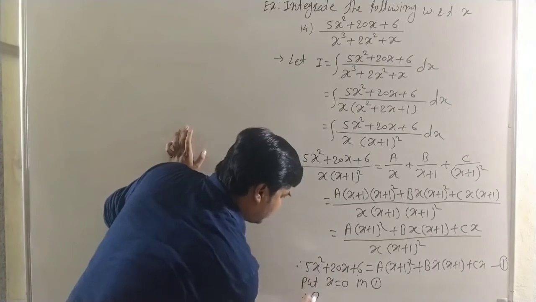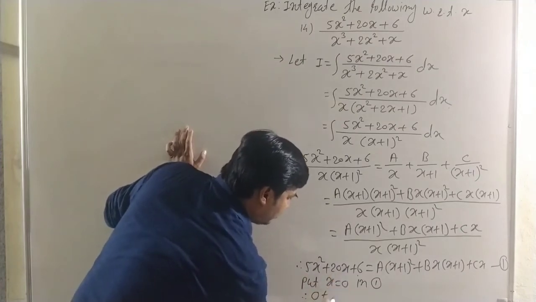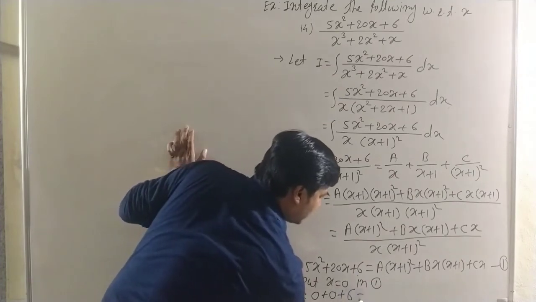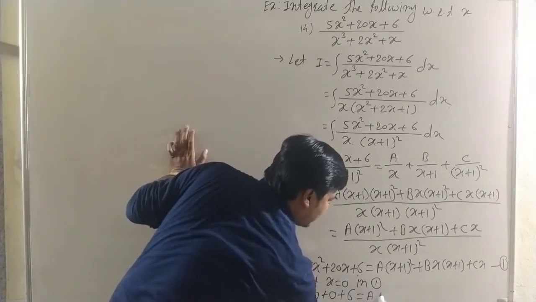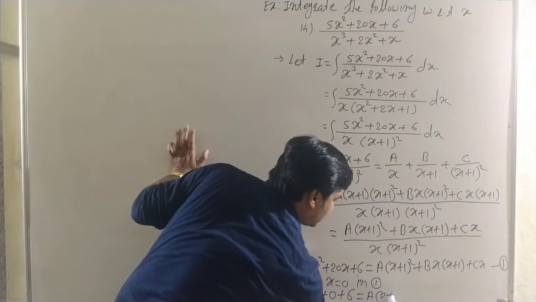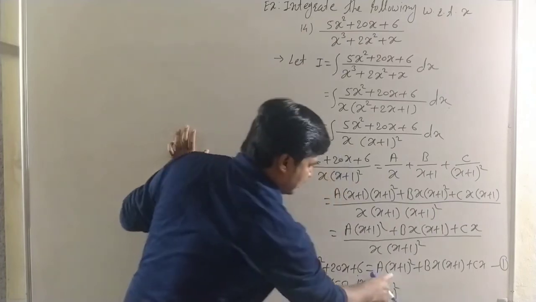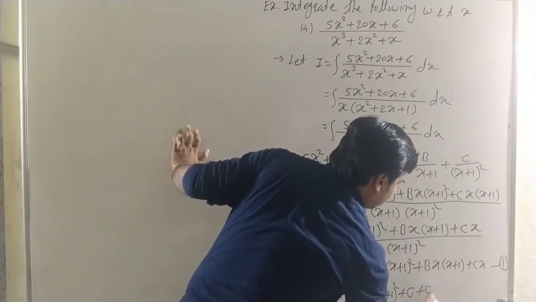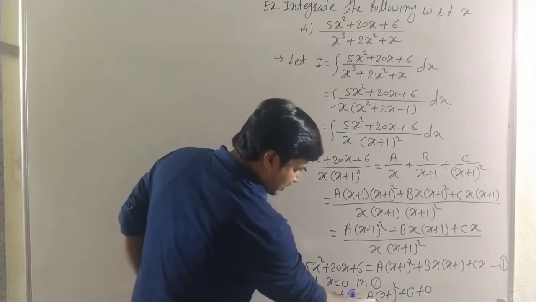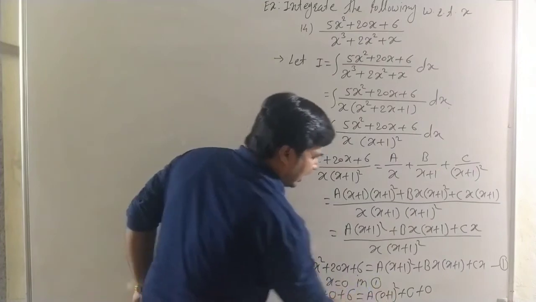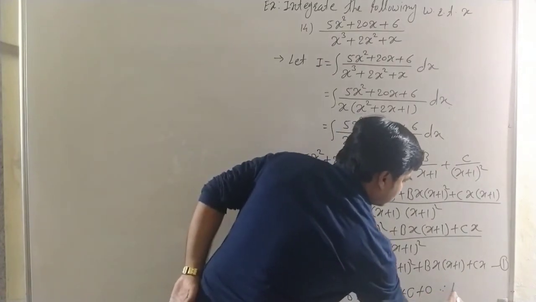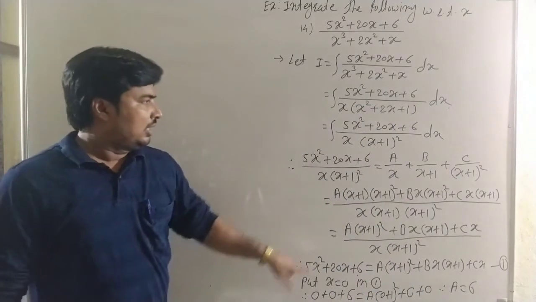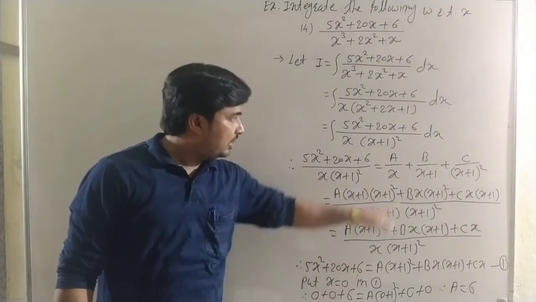See carefully, 5 into x² is 0, plus 20 into x, again 0, and plus only 6 is equal to A into (0 + 1)², and when x equal to 0, the second term is 0 and the last term is also 0. Now here it is 6, and 1 square is 1, that is A equal to 6. When we put x equal to 0, we get A is equal to 6.